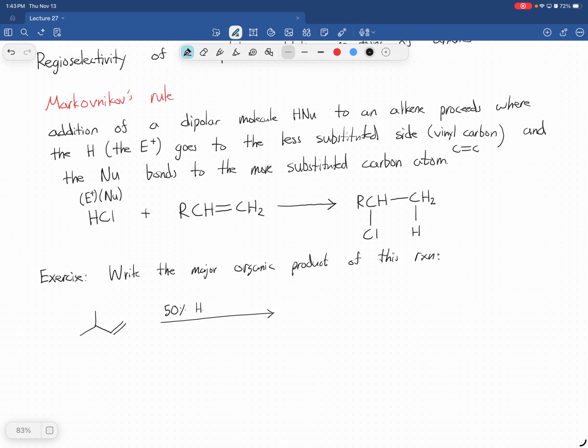This 50% doesn't really mean anything. It just means the concentration of the acid. If this acid is not very concentrated, this reaction will be very slow.